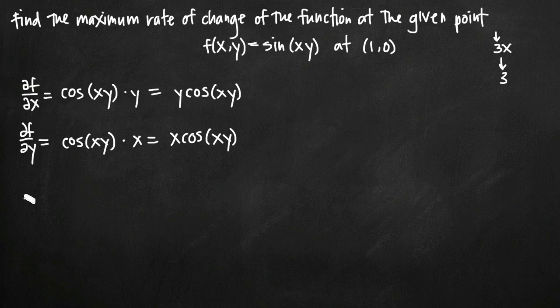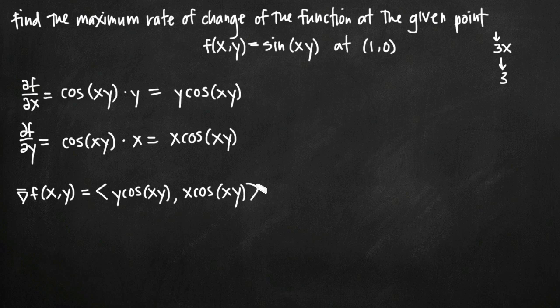When we write the gradient vector, we write it like this. The gradient vector of f of x, y is going to be equal to the partial derivative with respect to x, so we get y times cosine of x y, comma, the partial derivative with respect to y, which is x times cosine of x times y.